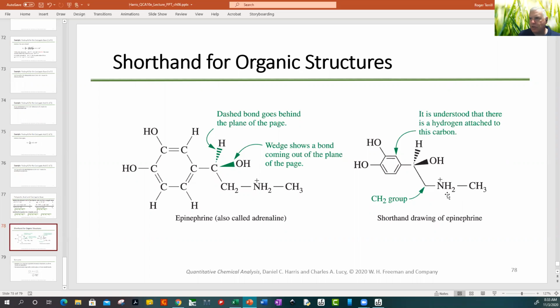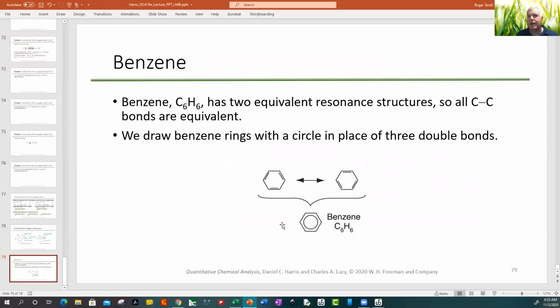Then it's NH2 and CH3. The CH3 you could just draw as a line end, but a lot of times you'll include the CH3. The other thing is that benzene is a resonance structure, and it's normally drawn with a circle, so don't get caught on that.